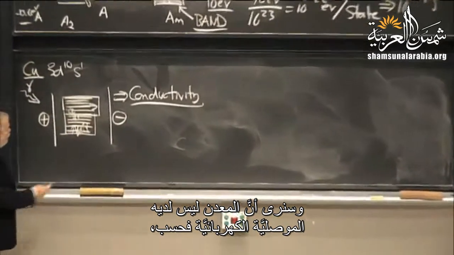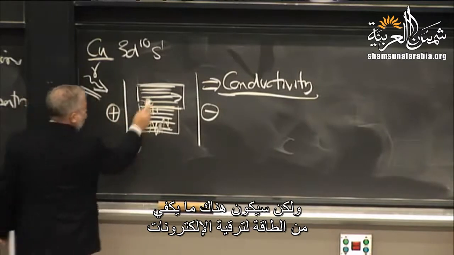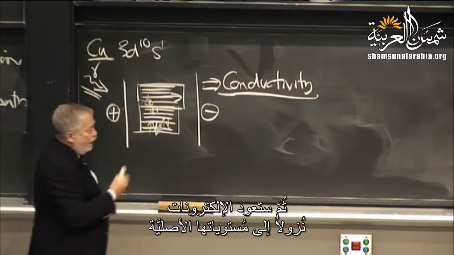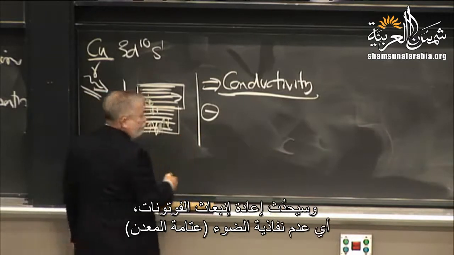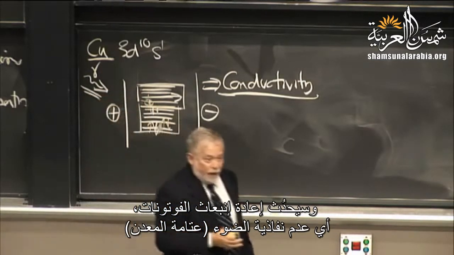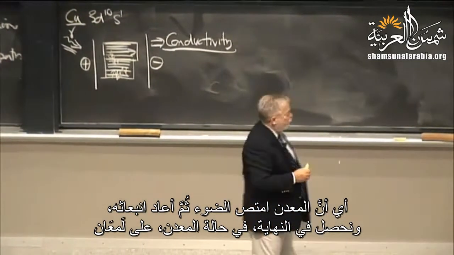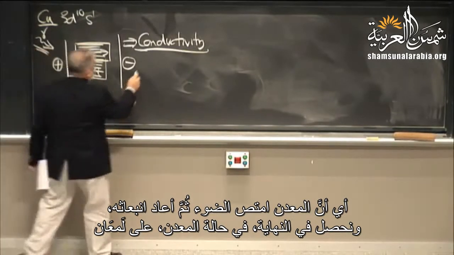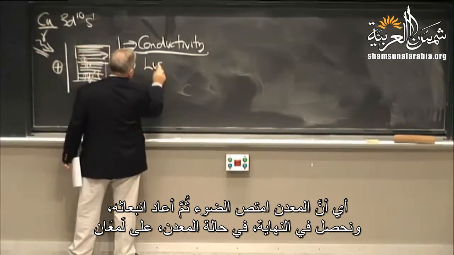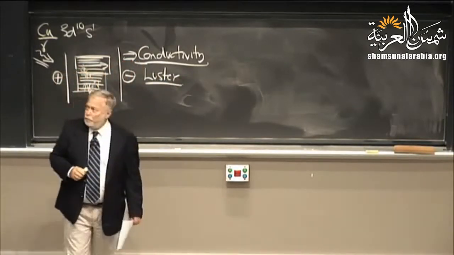With a metal, not only will I have conductivity, but there'll be enough energy to promote electrons. Those electrons will move around, and we'll end up with re-emission and opaqueness. In other words, we absorb light and re-emit it, and so in the case of a metal, we end up with luster.